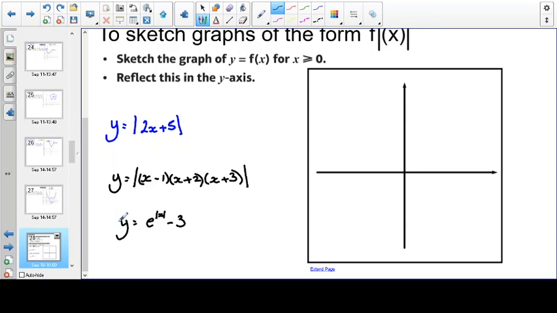Okay, so y equals e to the modulus x minus 3. So let's think about what e to the x minus 3 looks like first. Well, there'll be an asymptote at minus 3. And then instead of e to the x going through 1, e to the x minus 3 will go through minus 2. So if we draw that graph in, that is going to look like that.